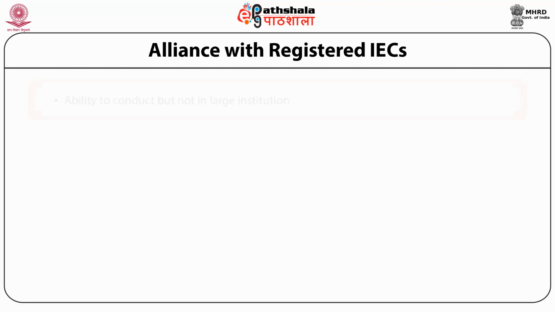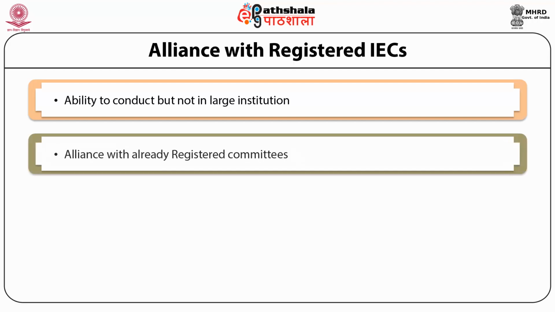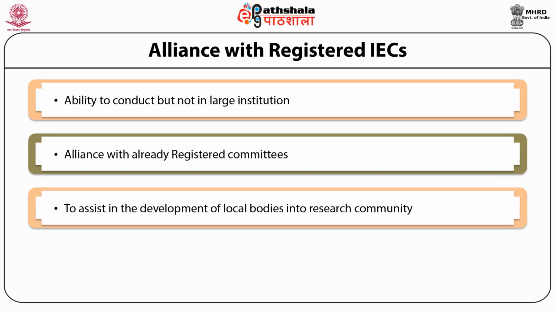They should have the ability to conduct, but in a large institution, they should have the ability to ally with already registered committees, to assist in the development of local bodies in the research community.